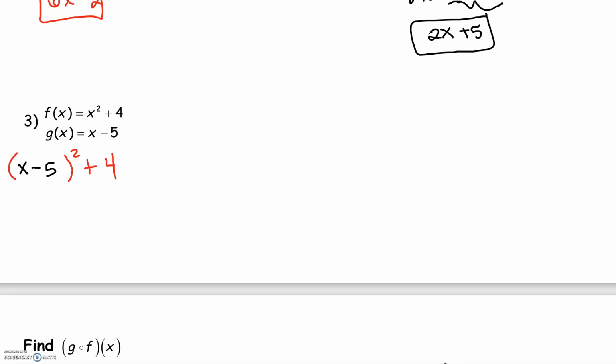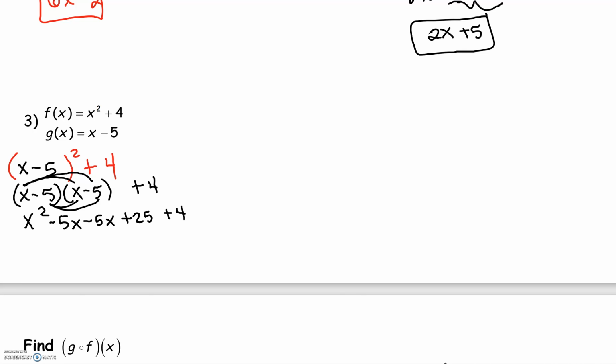Now be careful because we are squaring a binomial, 2 terms separated by a subtraction symbol, which means we write it twice and we need to FOIL. So first, x times x, outer, negative 5x, inner, negative 5x, last, negative 5 times negative 5, positive 25. Bring down the plus 4. And then we'll combine all those like terms. X squared minus 10x, and then 25 and 4 is 29.